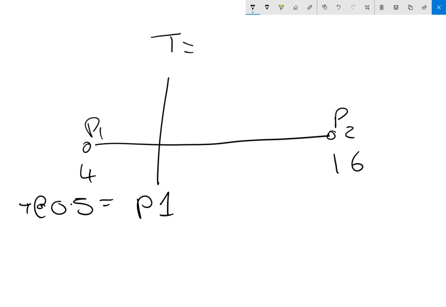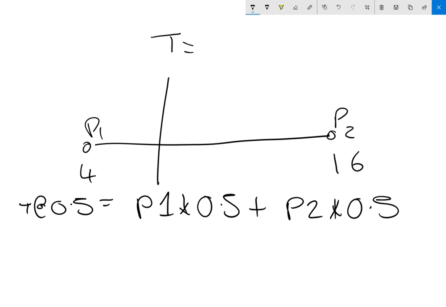We know this is what it's going to end up, but we also know it's P1 times 0.5 plus P2 times 0.5. And P1 times 0.5 is 2, and P2 times 0.5 is 8, and 2 plus 8 is 10. And that is awesome. It works out.